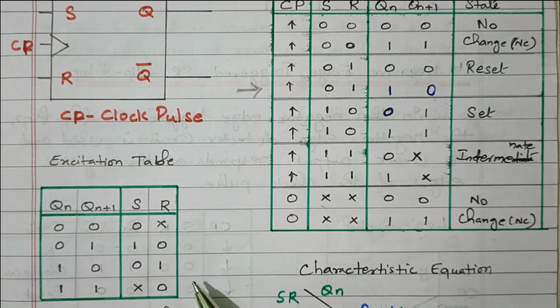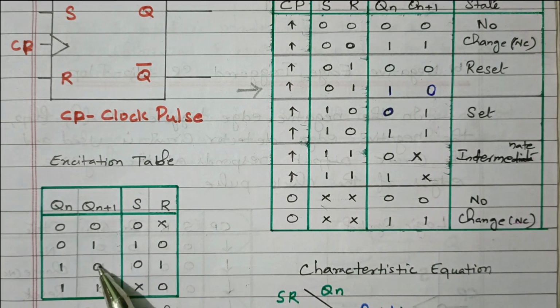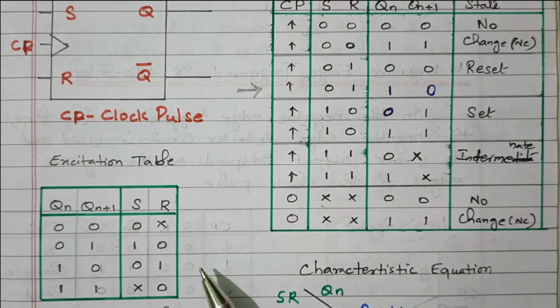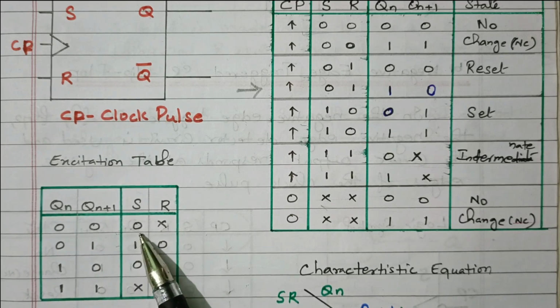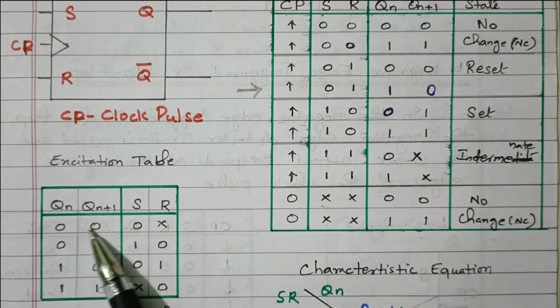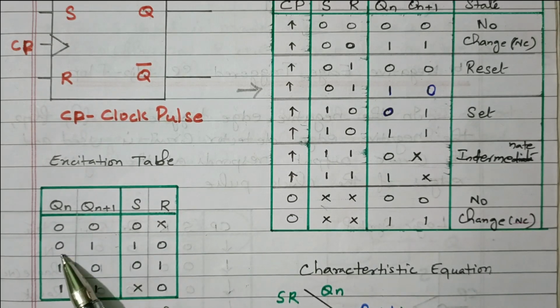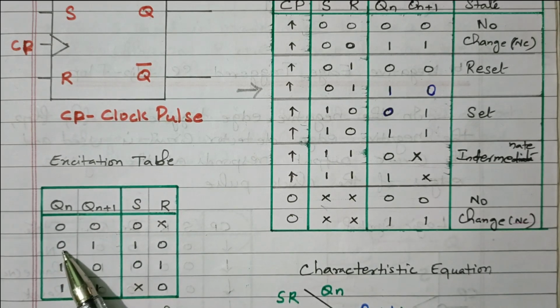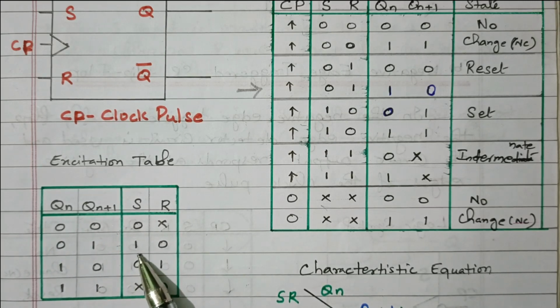So this is the excitation table. From the output we are checking what is the input, right? So 0 0, if we give S equal to 0, R any value, present state and next state will be 0. 0 to 1, if you want to change the present state 0, next state to be 1, you should give S input is 1, R input is 0.